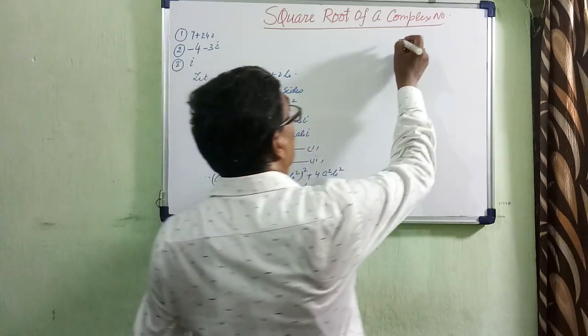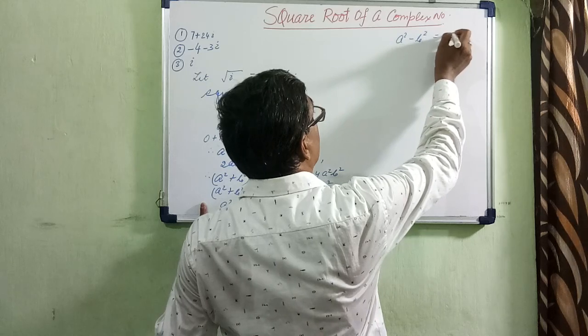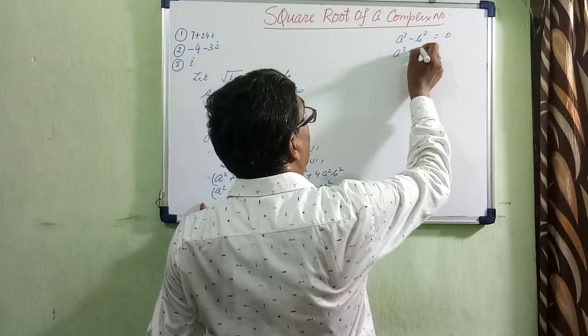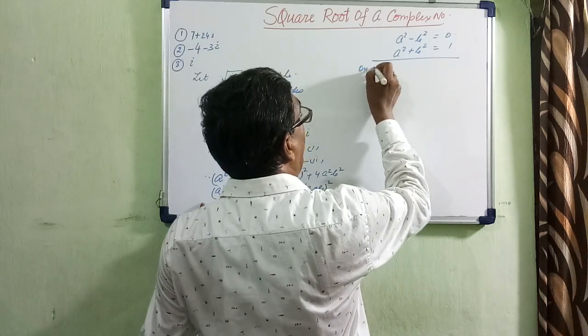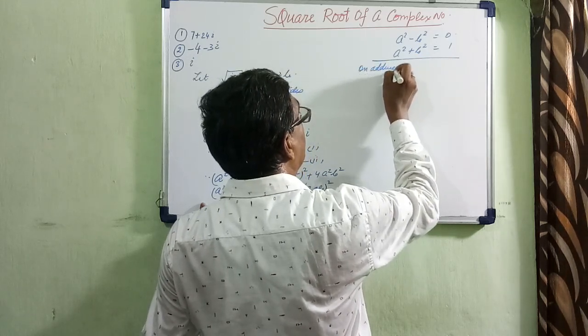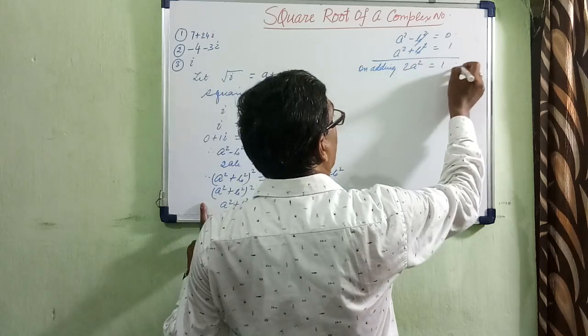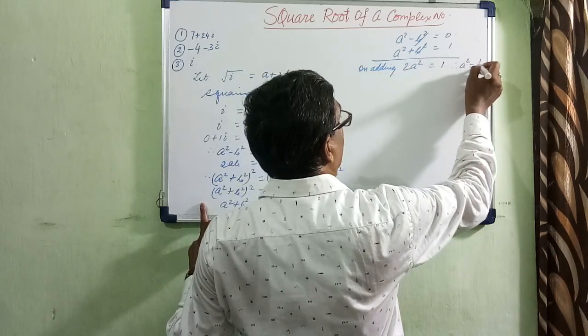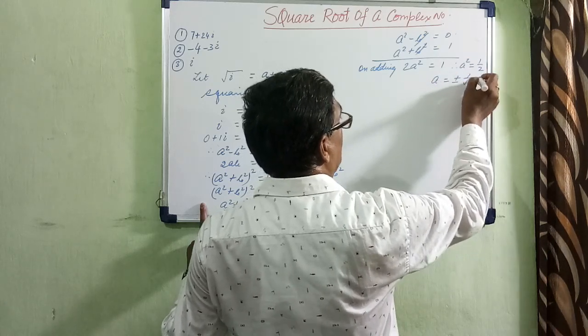Now solve 1 and 3. a square minus b square is equal to 0. a square plus b square is equal to 1. On adding, this is cancelled. 2a square is equal to 1. Therefore, a square is equal to 1 by 2. a is equal to plus minus 1 by root 2.